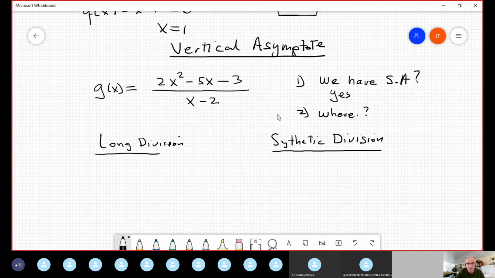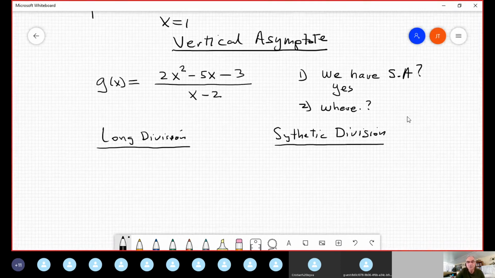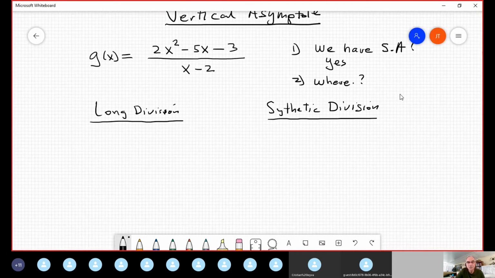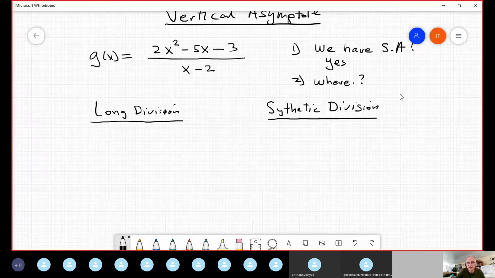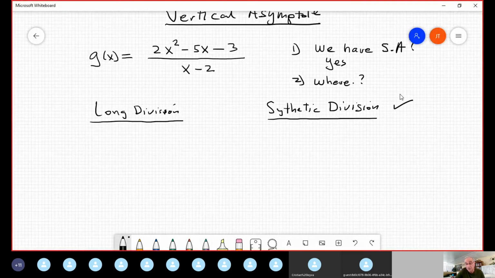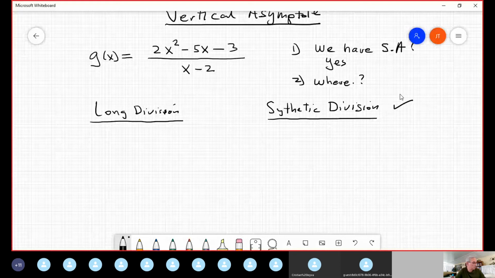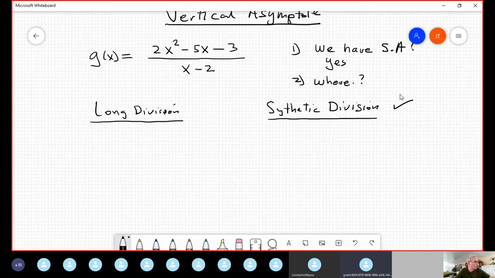What is the restriction? Okay, what is easier, synthetic or long division in your opinion? Both are complicated? No. Synthetic is easy, in my opinion, no? She says it's okay. Okay. I wouldn't go as far as saying easy, but it's okay.